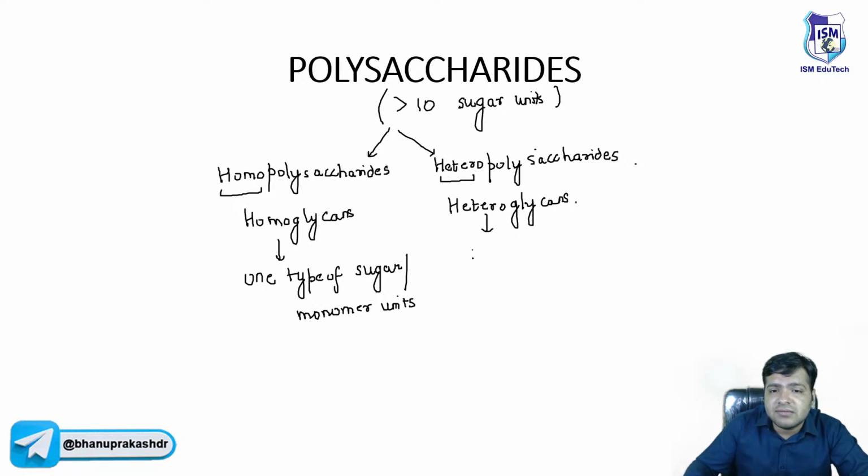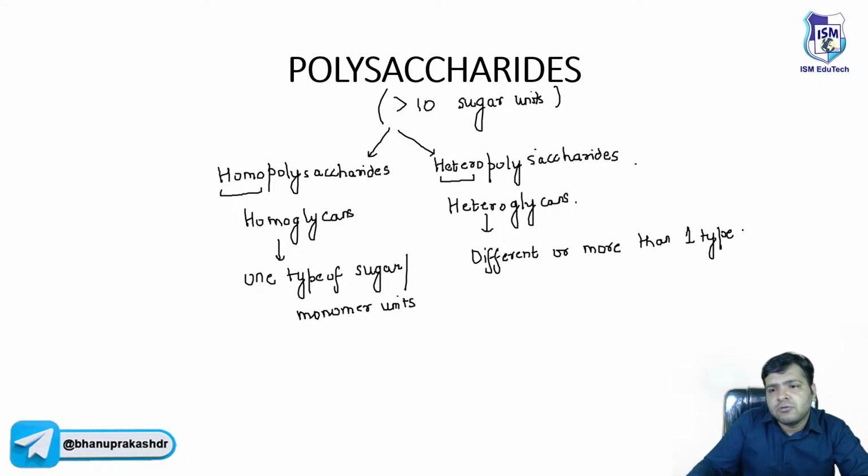Heteroglycans, beta, contain different, or more than one type of monomer units.